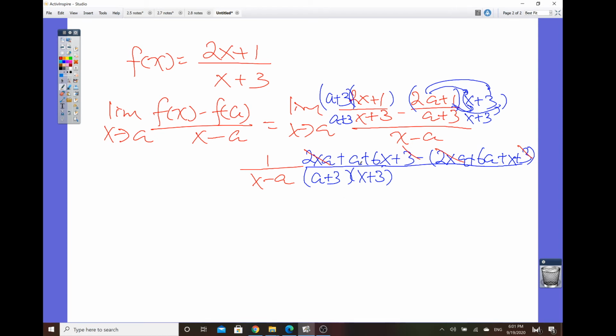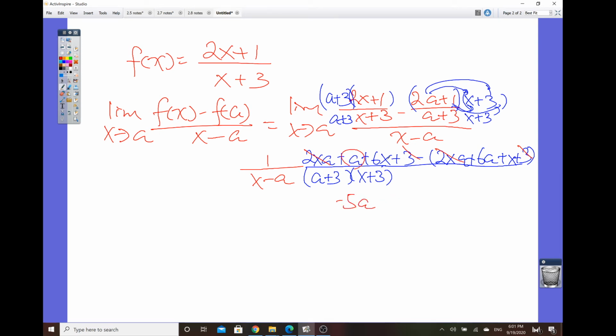Okay, so right here it looks like we can combine those like terms. a minus 6a, so we have negative 5a.